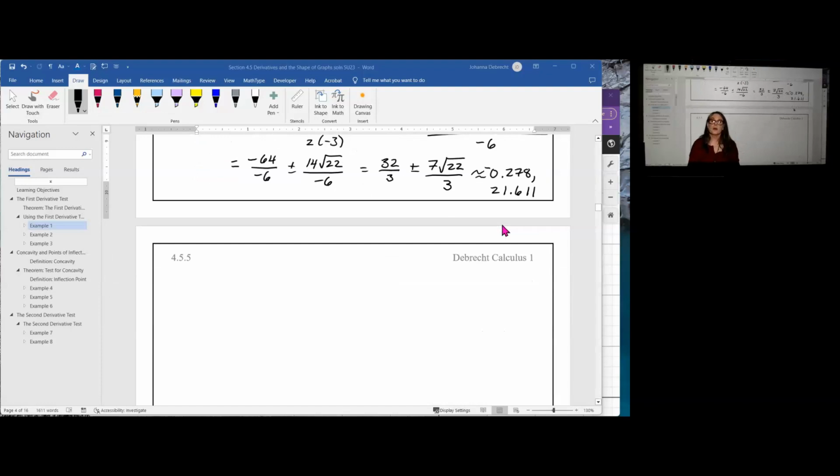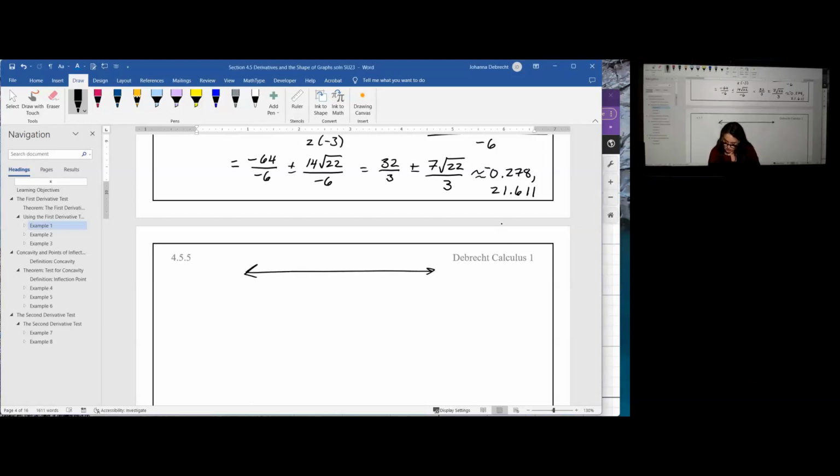The next thing we want to do is find out whether or not we have increasing or decreasing behavior on the interval between these critical values. We're going to draw a number line to represent the domain of the function, which is all reals.